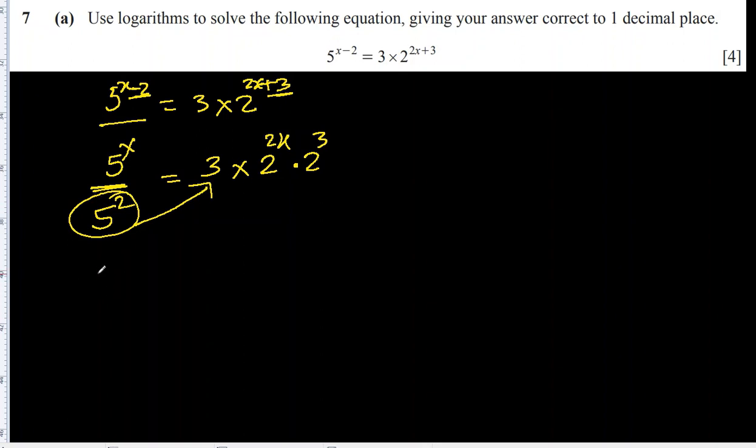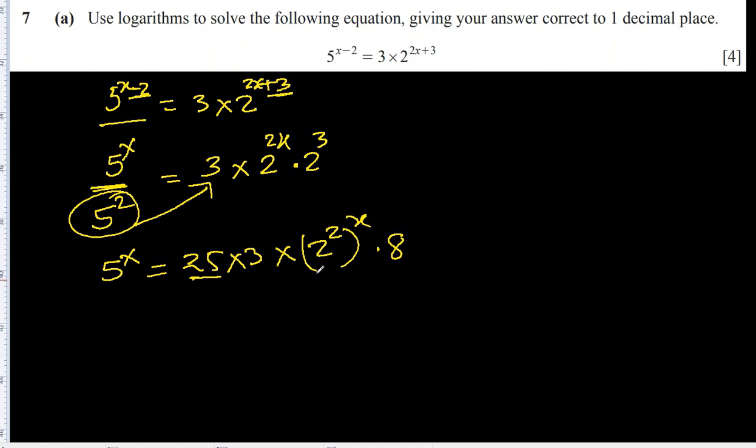So it becomes 5 to the power x equal to 25 times 3 times 2 to the power 2x. Let's do it this way, and there's a purpose behind that. I'll tell you why. And 2 cubed is 8. So 25 times 8 is 200, times 3, 600.